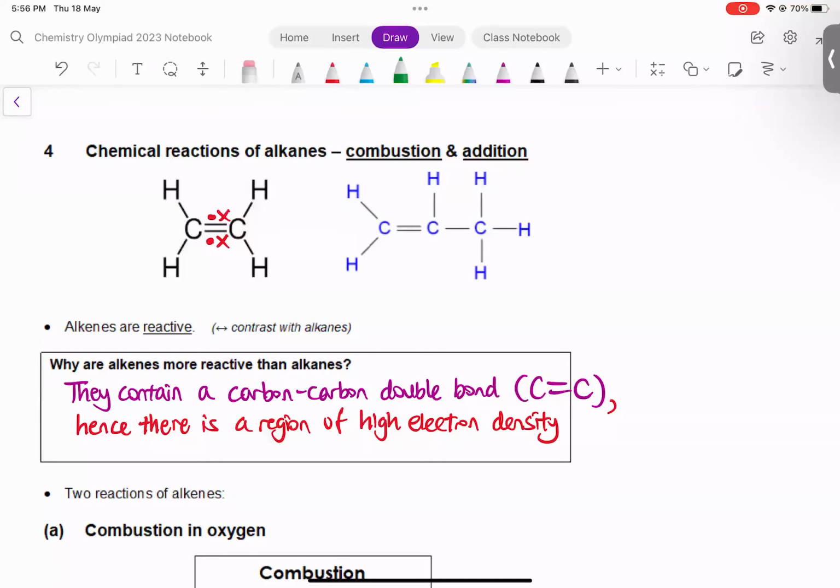Because it's a region of high electron density, it attracts things which are electron deficient. So we call them electron deficient species or electrophiles.